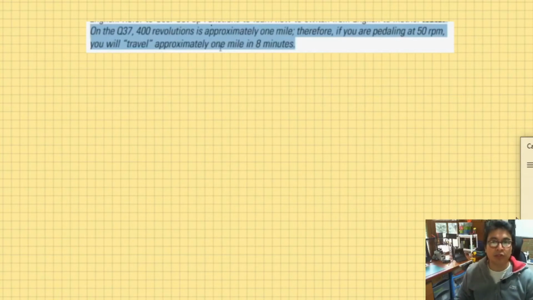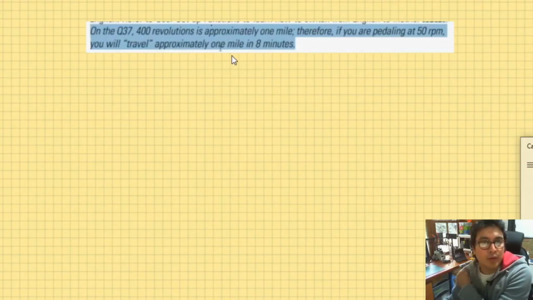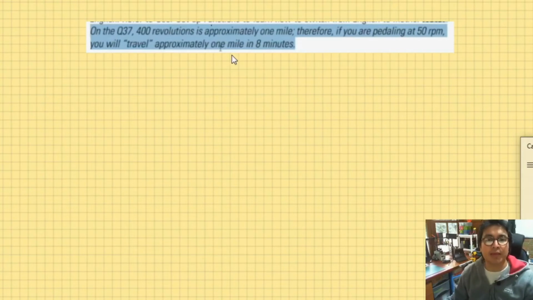So moving on to the conversion, I've just extracted this portion from my manual. If we accept that 400 revolutions is approximately 1 mile, therefore at 50 RPM we're going to be travelling 1 mile in 8 minutes, and I think this would probably work for most cross trainers.